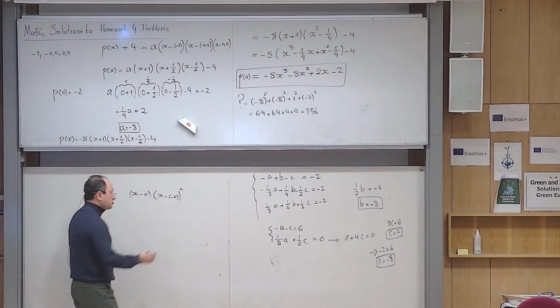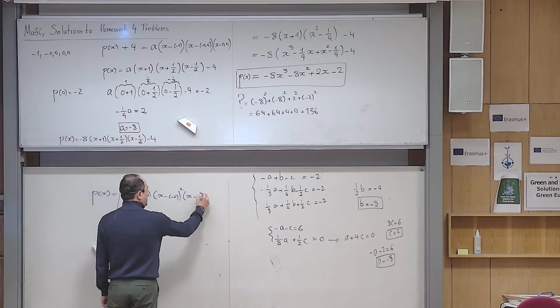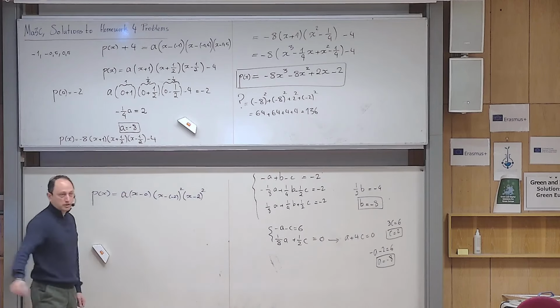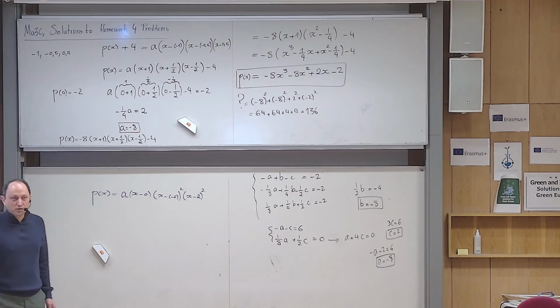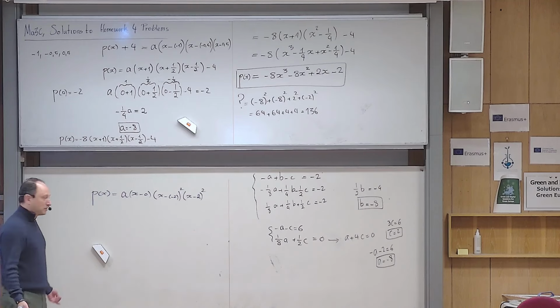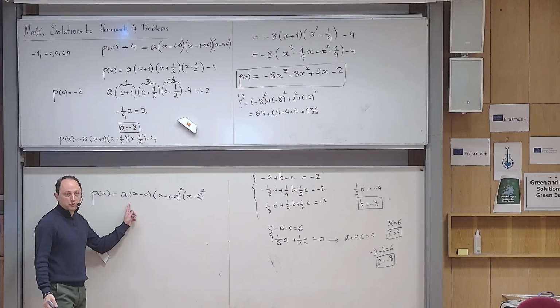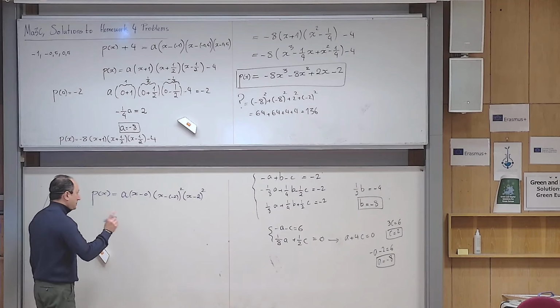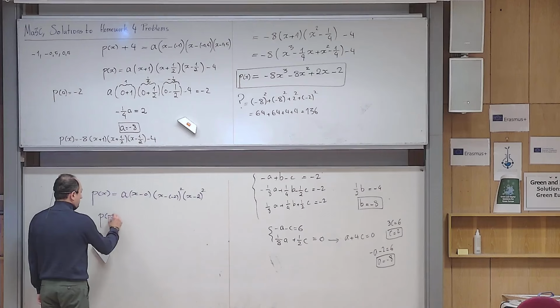And then 2 is also a double root, so I would write x minus 2 to the power of 2. And as always, I have to put the a there. This is why the problem as stated, the way you saw it, is wrong, because there is no other piece of information for you to find a. This is the best you could write. Okay? So let us try to make it a little bit more visible.